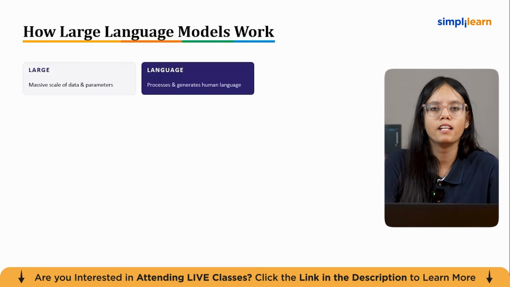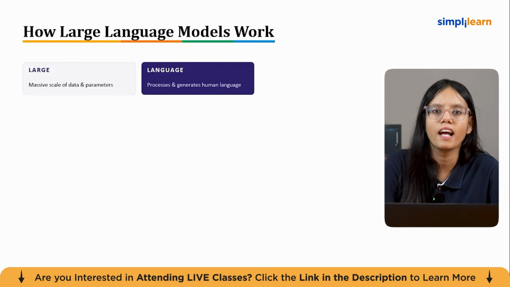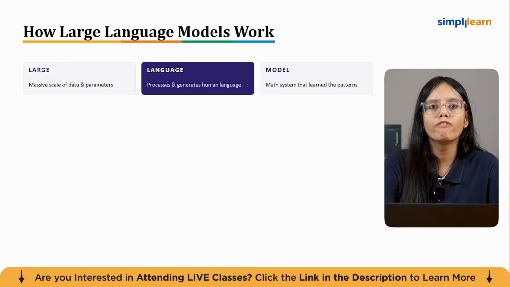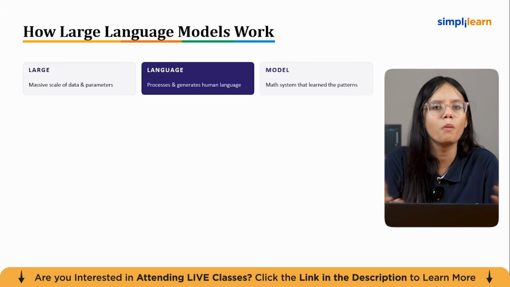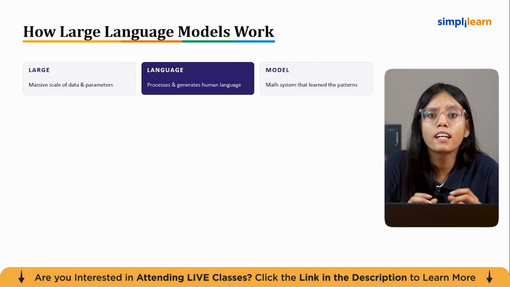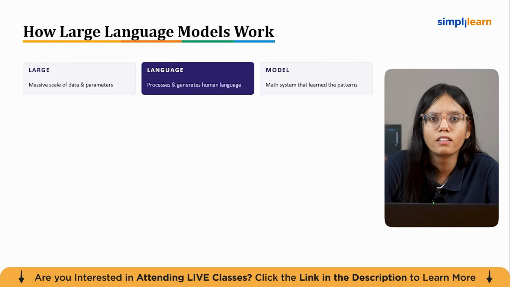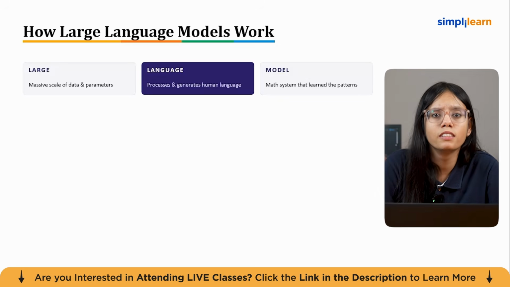Now, the second word is language. It refers to their ability to process and generate human language. And model refers to a mathematical system that has learned patterns and relationships from training data. But an LLM doesn't process language exactly the way humans see it. Suppose you enter, artificial intelligence is changing business.